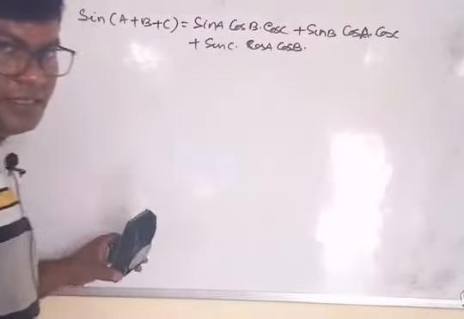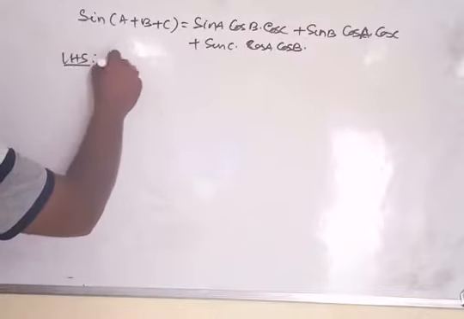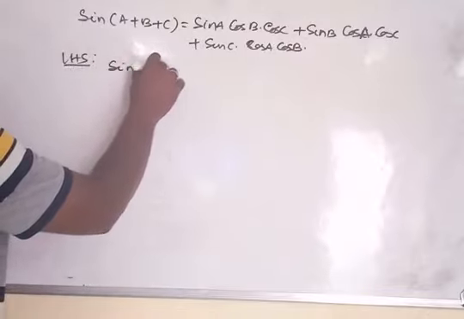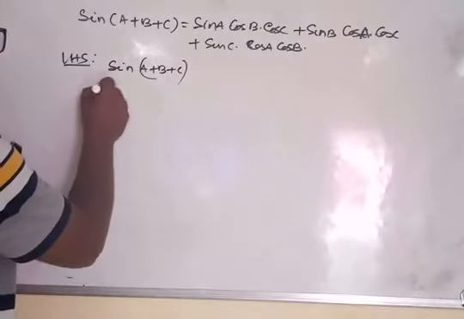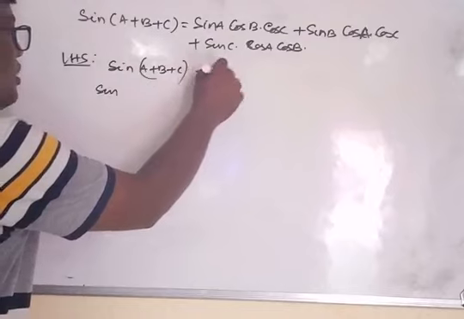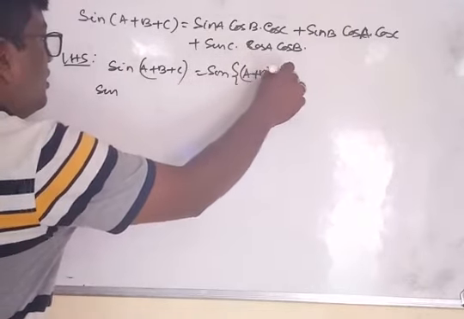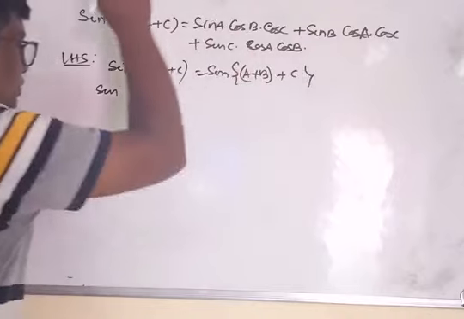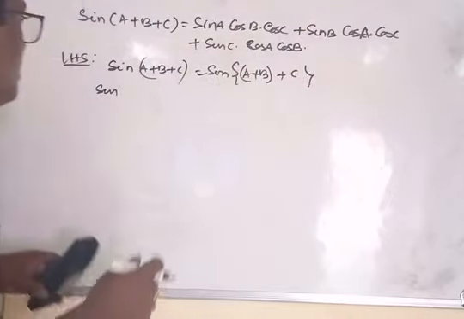Now to prove this, left hand side, this is equal to sin of (a plus b plus c). Suppose a plus b is considered as A and c is considered as B. So apply this formula, sin of (A plus B). What is the sin of A plus B formula?